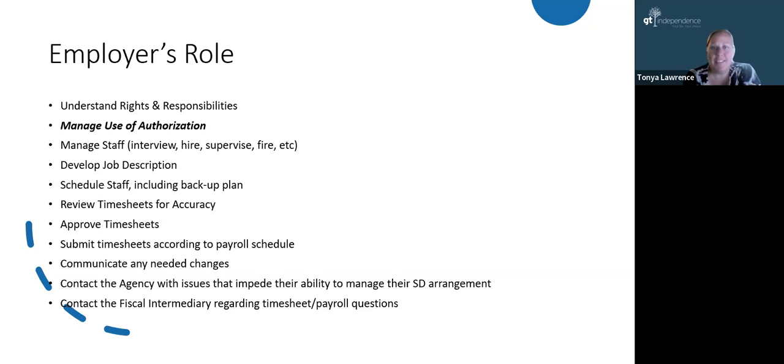One is what you're seeing in your system as far as authorized units, and then what we see. When somebody submits time that they've worked, we have to pay for that time. That is our role, right? If the person's credentialed and passed all of those checks and is able to work, time worked equals time paid. So we have to pay that out. And a lot of times what happens is the authorization runs out for us, but yet we still have to make payment for the time that's worked.